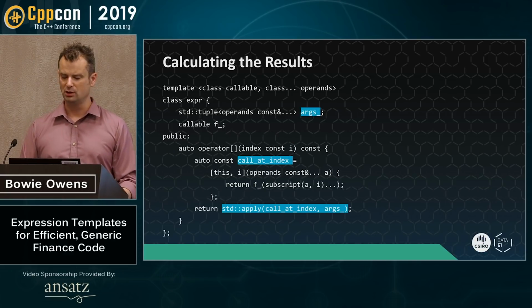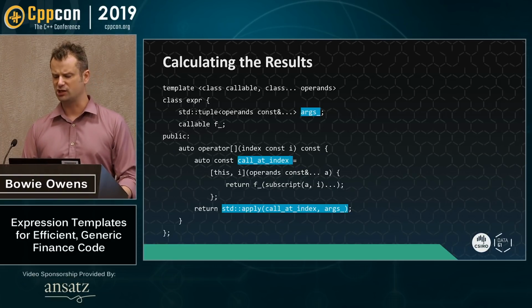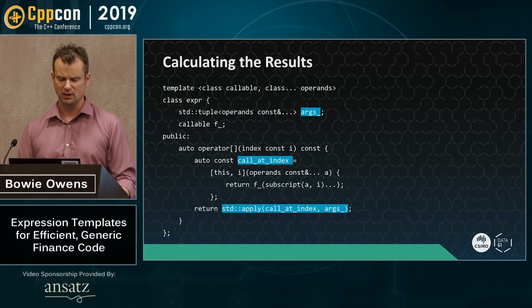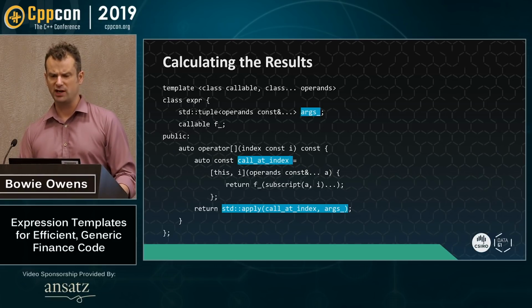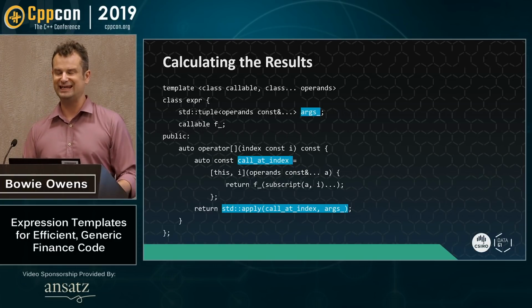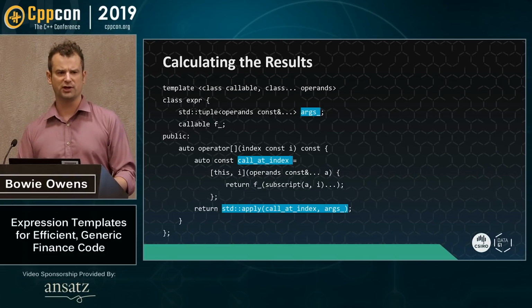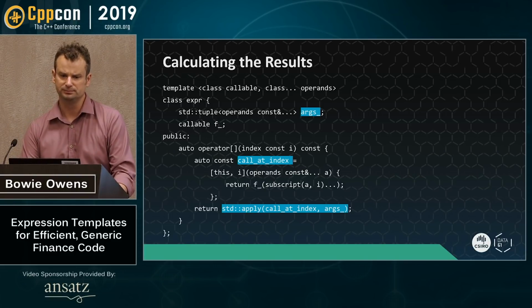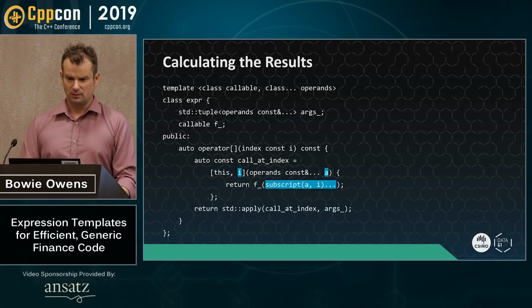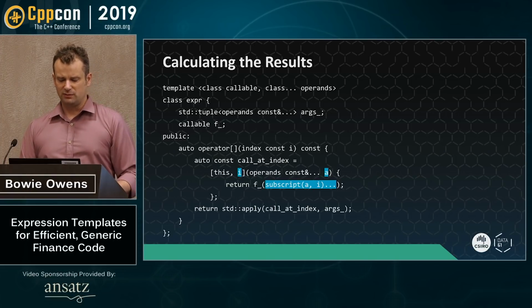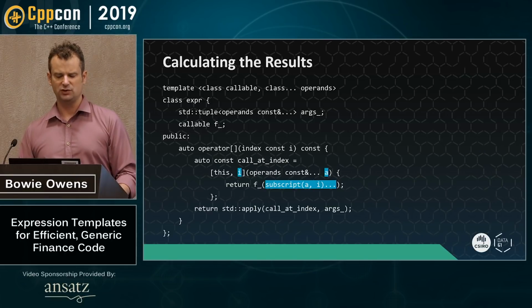Working top down, we start by calling std::apply, which takes a function and a tuple. std::apply calls the function, breaking down our args_ tuple into individual arguments. This is a really convenient way to get all the components of a std::tuple. The function that std::apply calls is a lambda, which will subscript each individual argument A with index I.